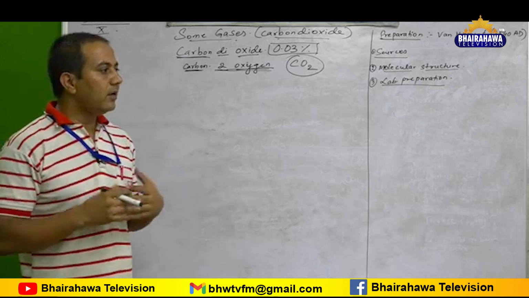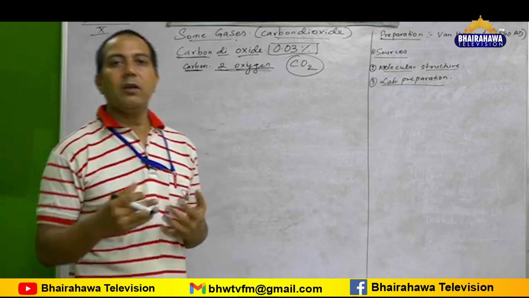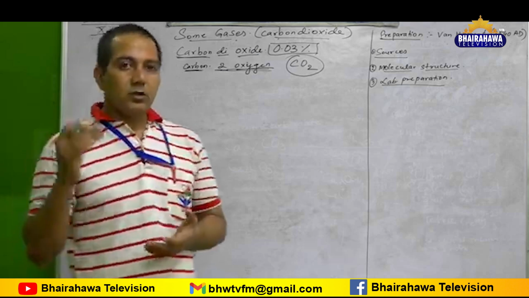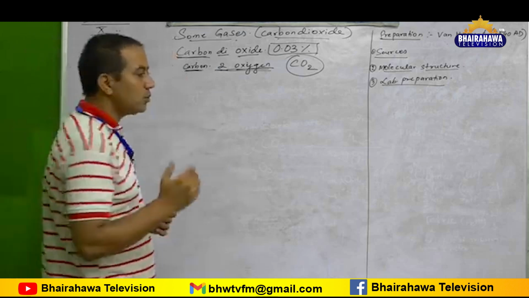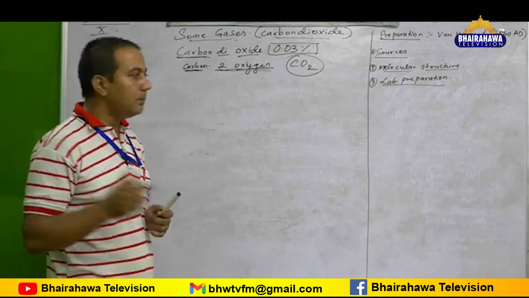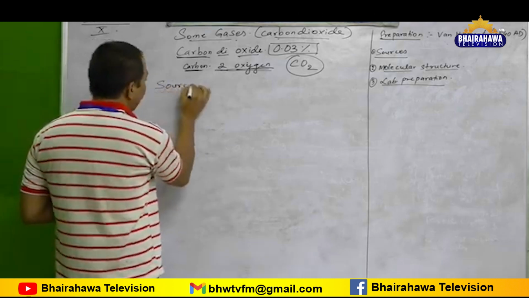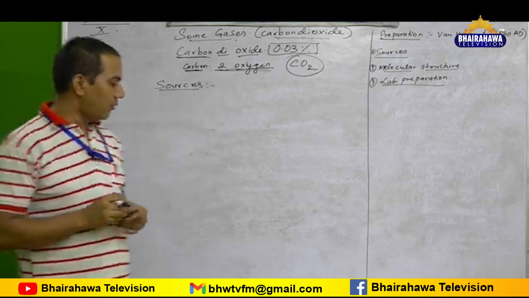The plants need carbon dioxide for photosynthetic activities. So how is it formed? The first thing is the source of carbon dioxide, meaning where it is formed. Let us take some examples.